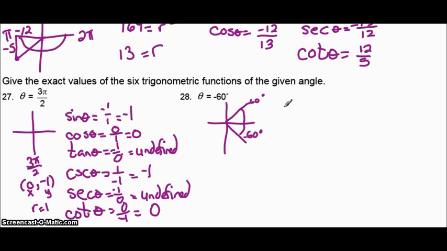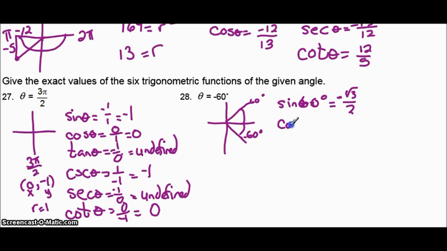And we know that the sine of 60 degrees is equal to square root of 3 over 2, but sine is negative in this fourth quadrant, so that would be negative square root of 3 over 2.